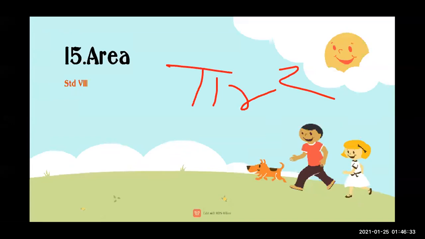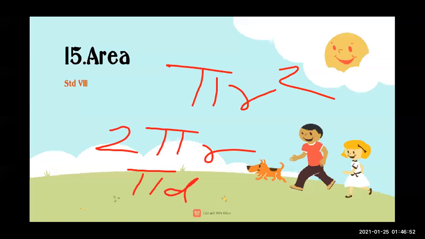Now when the radius is given, that time you have to write the formula 2 pi r for the circumference of a circle, or when there is a diameter, that time pi d.